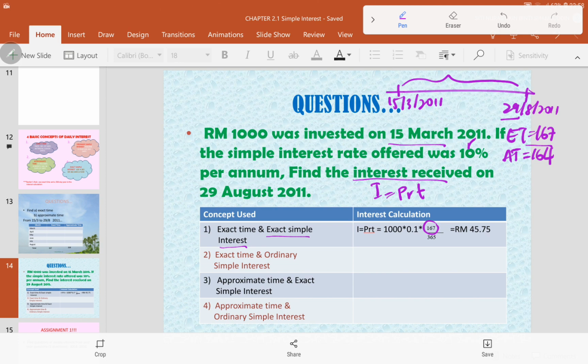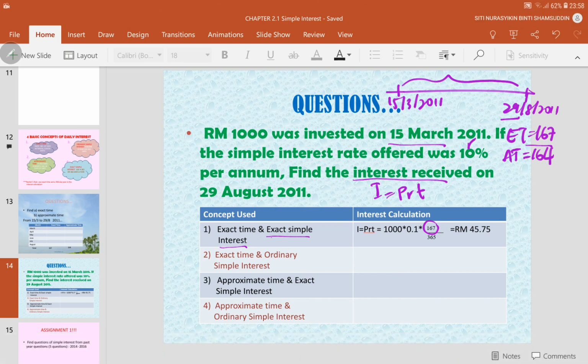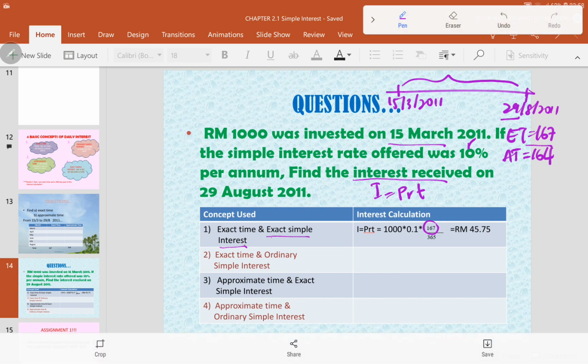Tapi since kita cari T tadi dalam bentuk hari kan, so we need to convert into year juga. So to convert year, you must over dengan the concept dia guna exact simple interest. So back to the previous slide tadi, exact simple interest means that every year kita ada sama ada 365 or 366 days.